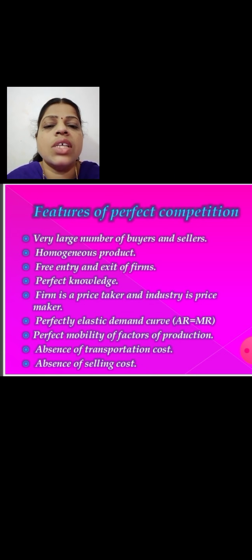The first one is a very large number of buyers and sellers. As I told you in the definition, it is not one buyer or one seller; various buyers and sellers will be there in this market. And what about the nature of the product?